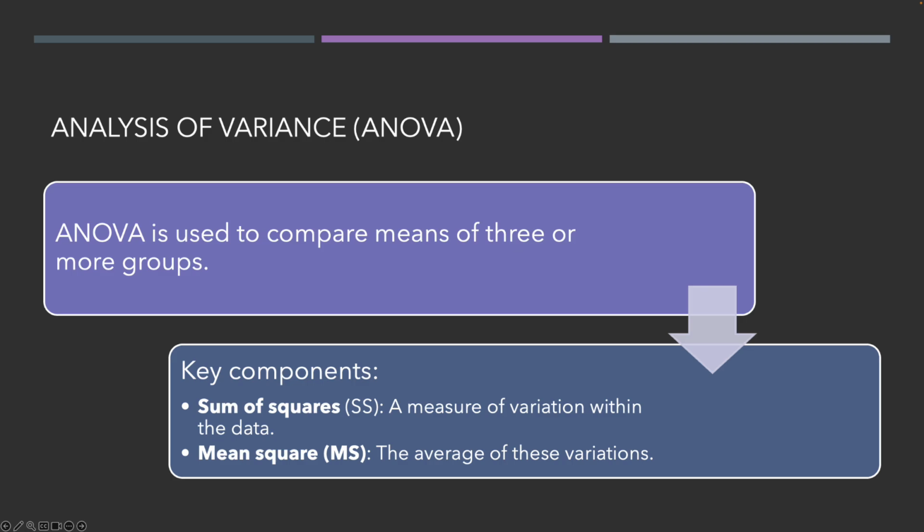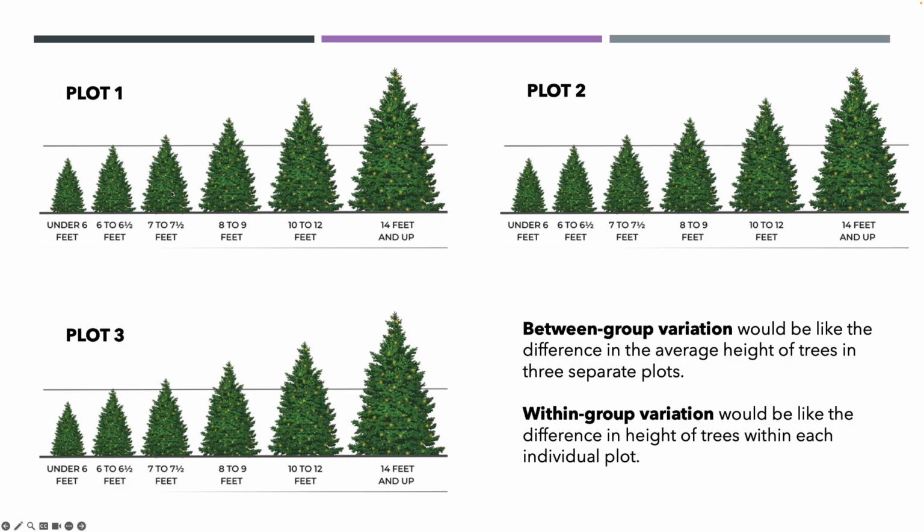So let's take a look at a very basic example of this, just to get our heads wrapped around it. If I have 3 plots of trees, plot 1, plot 2, and plot 3, I could see that there are, of course, differences within each plot. So this would be group 1 or plot 1, group 2 or plot 2, group 3 or plot 3. I want to see if there are any significant differences between these 3 groups of trees.